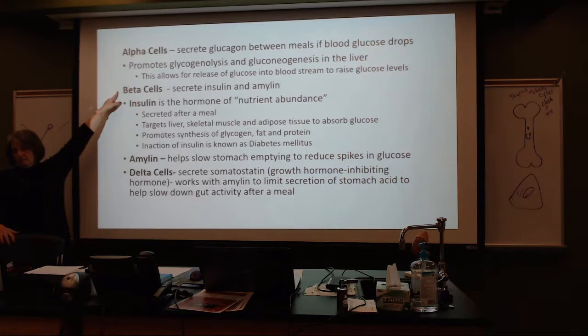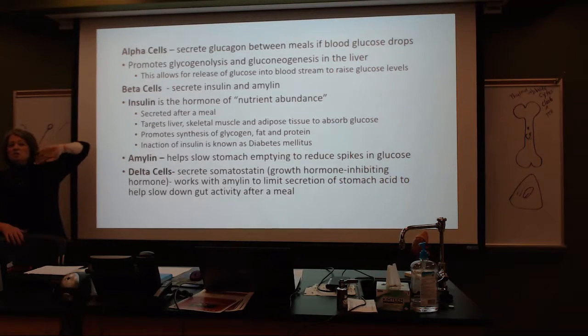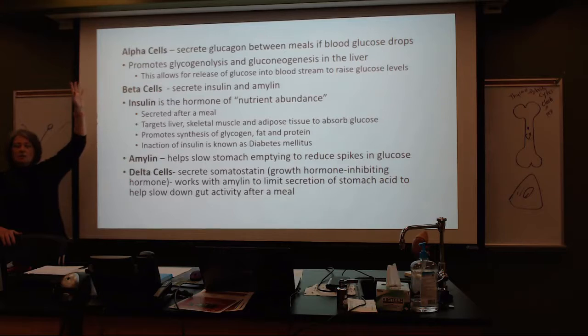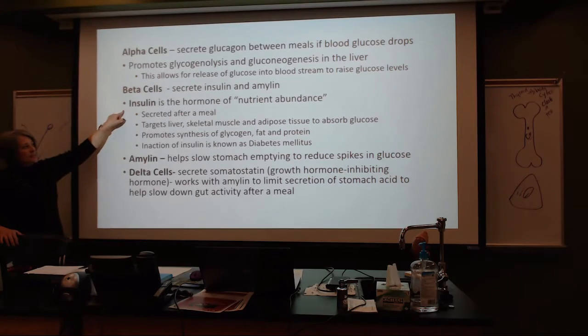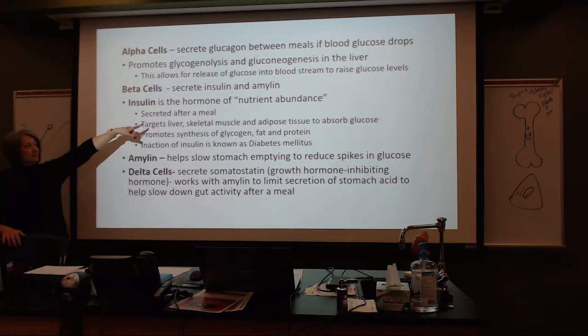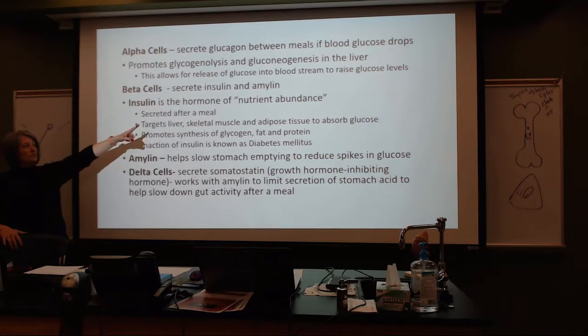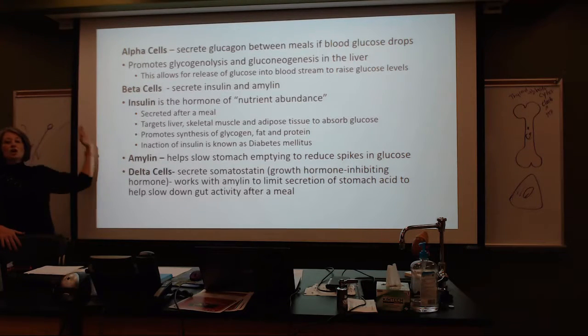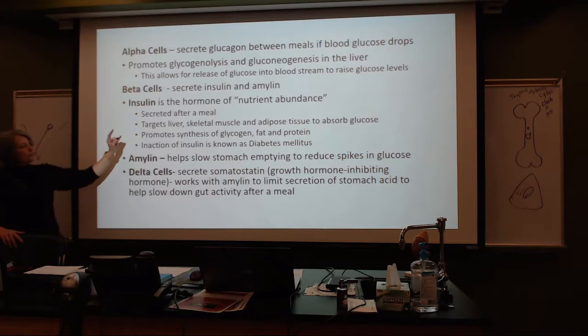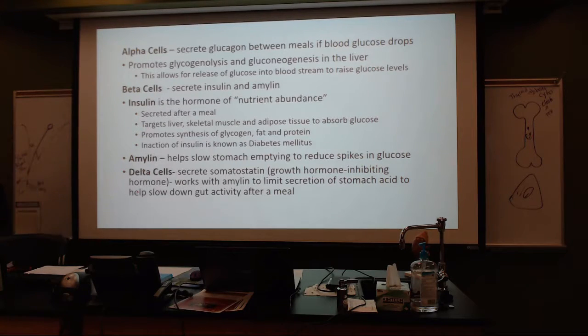For example, diabetes 1, okay? Diabetes 2 can be other issues coming along with it. But insulin is the hormone that we call the hormone of nutrient abundance. The norm is to secrete it after a meal when hopefully we have consumed the proper nutrients.